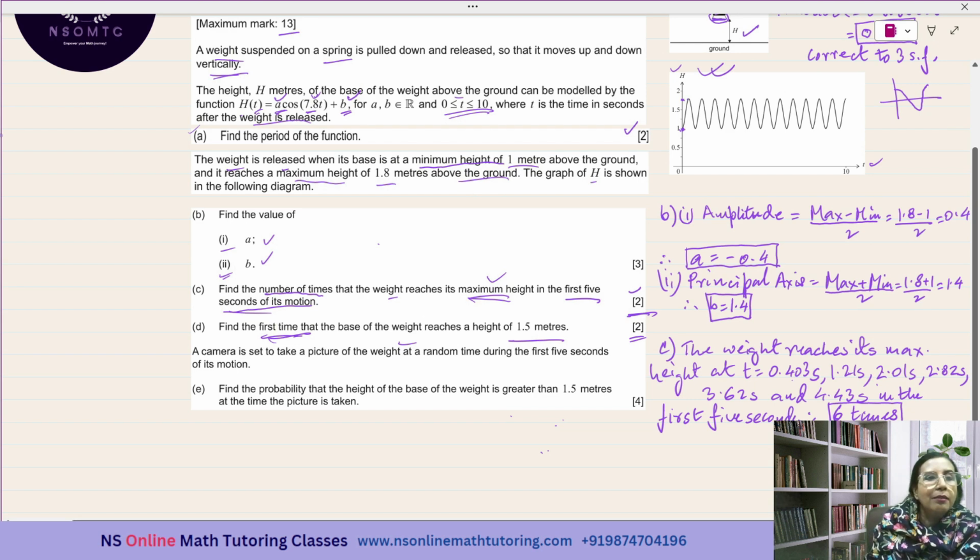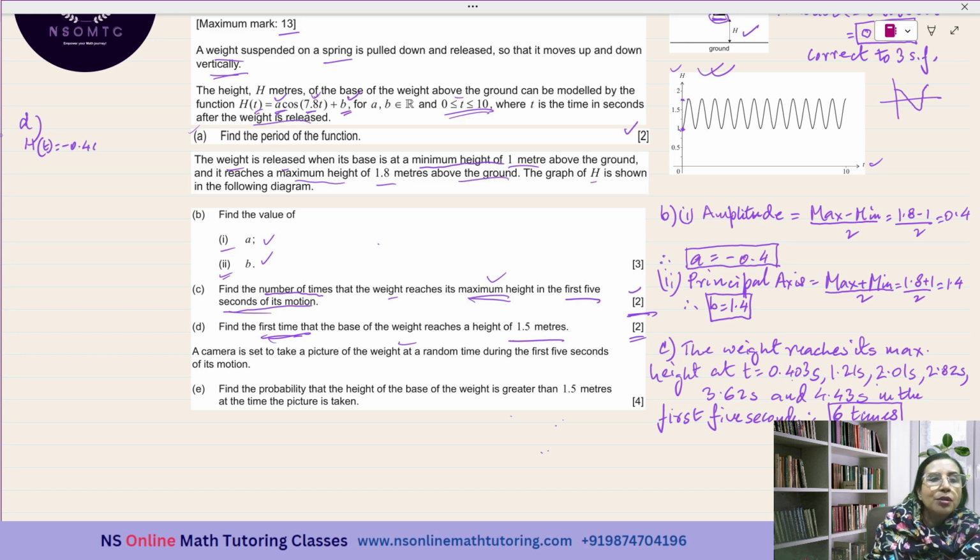I can write this as H of t equal to 1.5. H of t is equal to negative 0.4 cos 7.8 t plus 1.4 is equal to 1.5. So this is the equation that we are having, and we have to get the value of t.